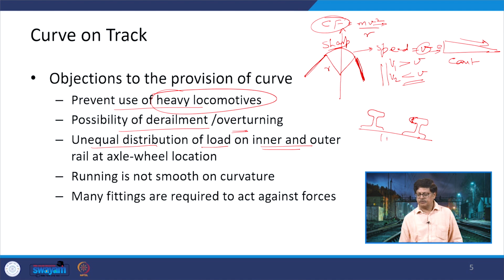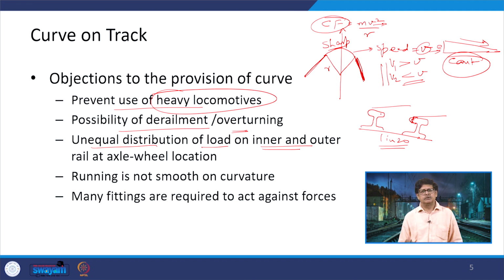There is a cant of 1 in 20 which is being provided at the bottom. This is a normal thing which is already there, and the separate cant which we are talking about is with respect to the centrifugal force. Now, the elevation differences are going to be there.